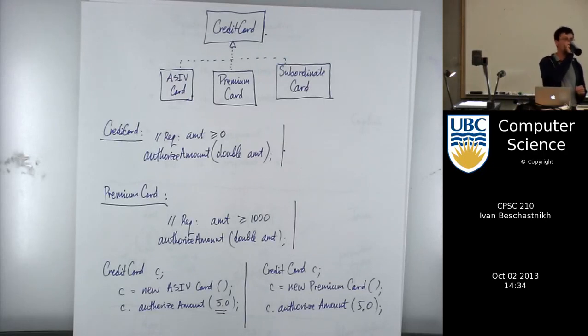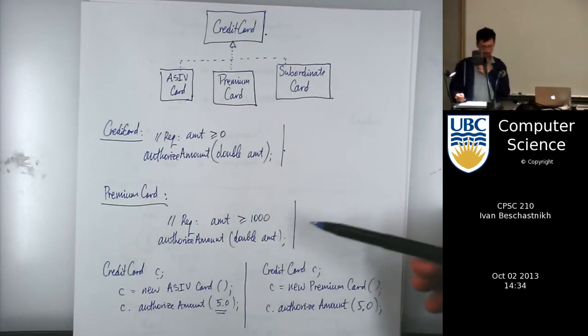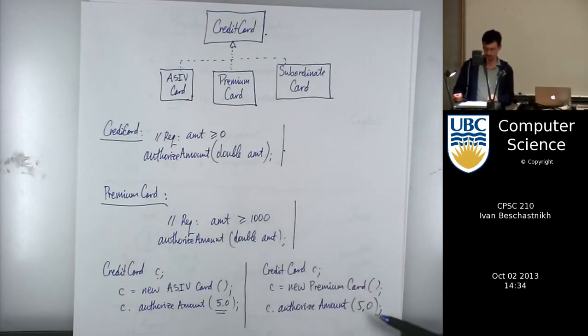Numbers that are greater than 1,000. That's right. So my precondition for the premium card, my requirement is that amount is greater or equal to 1,000. But the value I'm passing in is 5.0. So it looks like I'm violating the precondition on the actual type of C, the premium card.